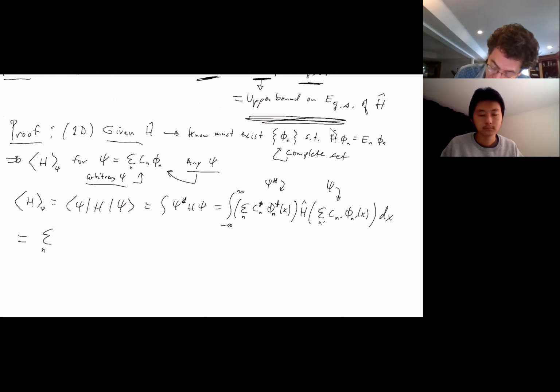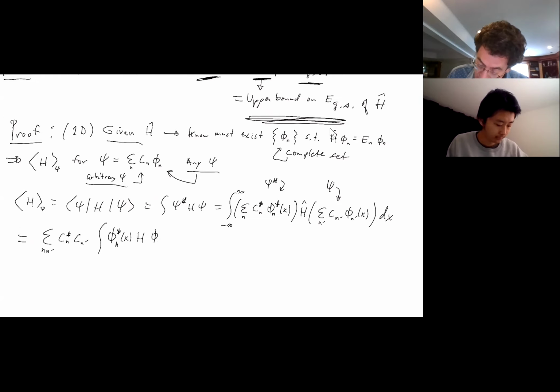I can pull the sum out and pull these coefficients out of the integral. Then I have my integral, phi n star of x, H, phi n prime of x dx. Okay, so far so good.